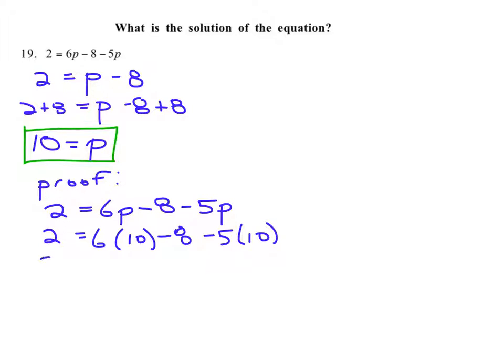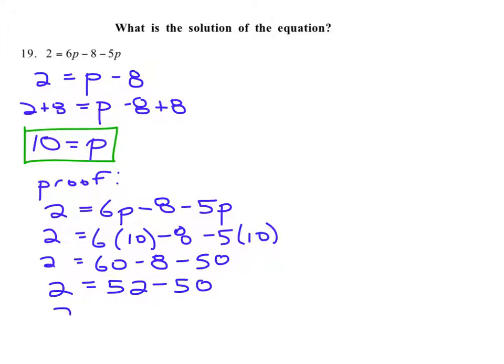I'm going to resolve those by saying 6 times 10 is 60, minus 8, minus 50. And I need to do this in 2 steps because we're coming from the left when we're solving this, and I need to do this first. So I say 2 equals 60 minus 8 is 52, minus 50, and 52 minus 50 is 2.